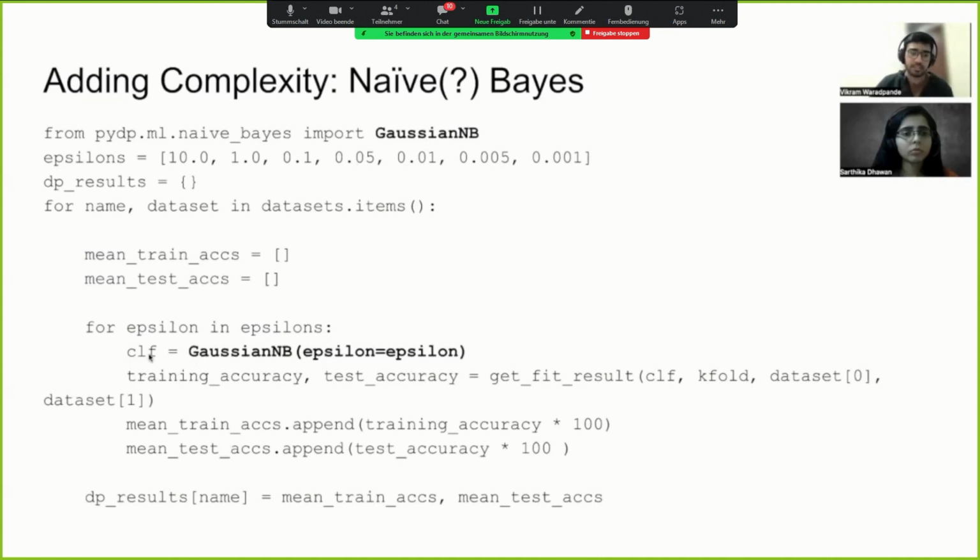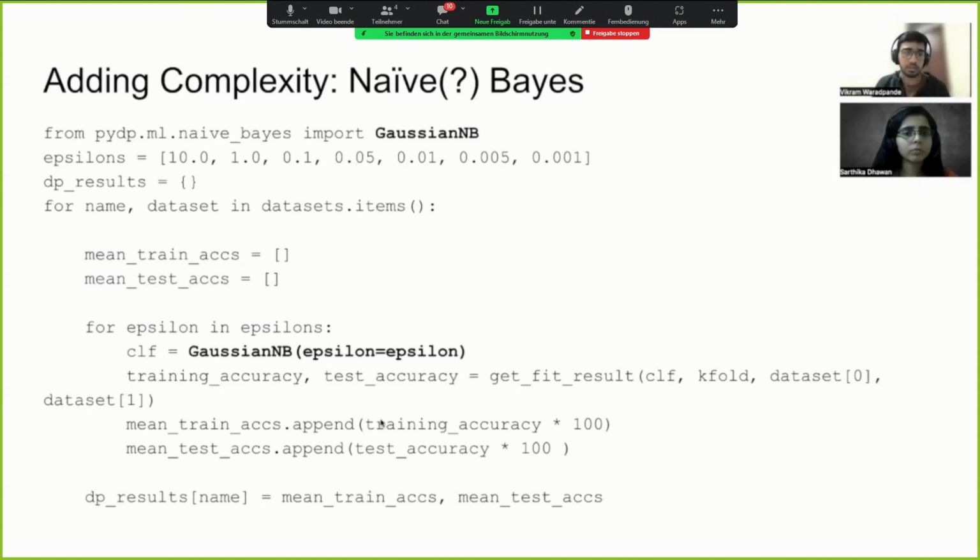Then all we do is fit and test our data on the CLF object that we get by passing the epsilon parameter to the algorithm, and the rest is exactly the same. We append the training accuracy and the testing accuracy to our global array, and then we compute the mean training accuracy and mean testing accuracy of these values.